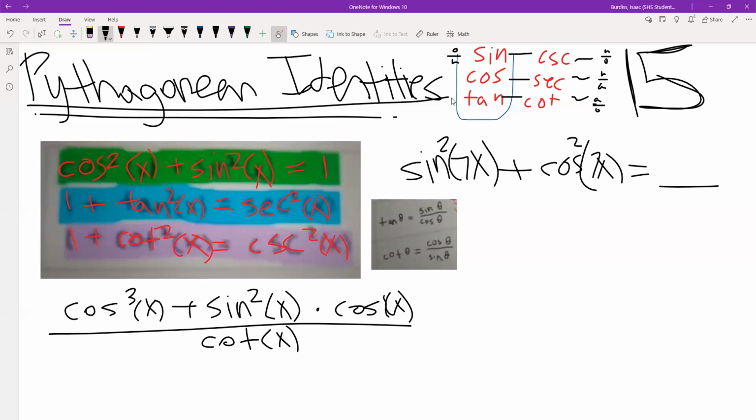So they're like reversed. These things use all 6 of those different functions, and they're basically just things that are true. So here are the Pythagorean identities right here.